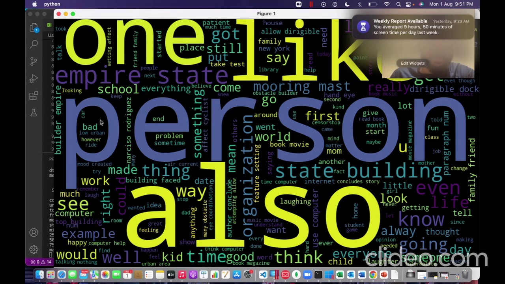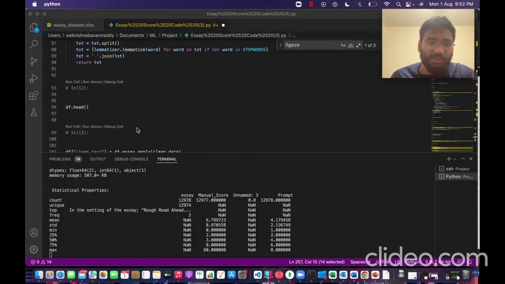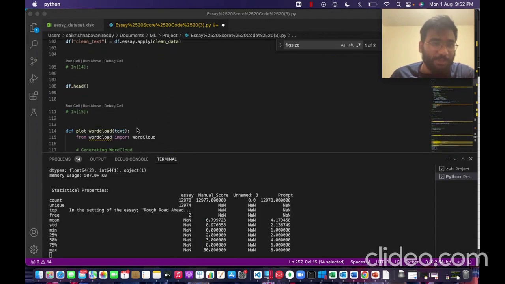The words shown in a bigger format are those repeated many times, like Empire State and state building. The words shown very small are repeated very few times. This is how it analyzes the words which are repeated multiple times and the meaning of the words.